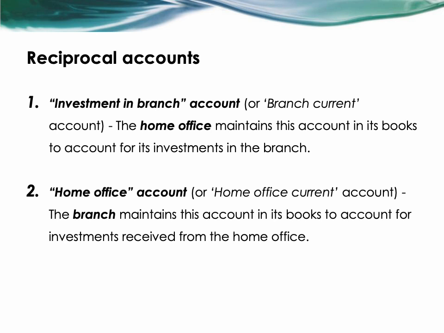While we have the home office account or home office current account, and this is maintained by the branch to account for the investment received from the home office. So these two accounts should theoretically have equal but opposite balances at all times, reflecting the same underlying intercompany transactions such as cash transfers or shipments of merchandise.